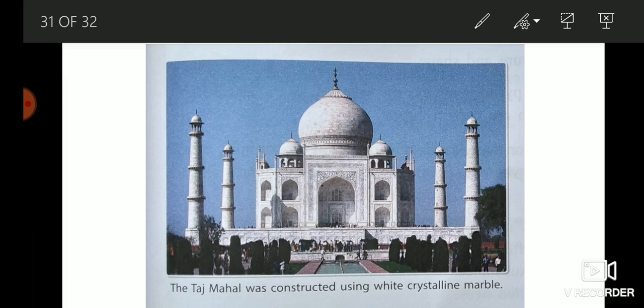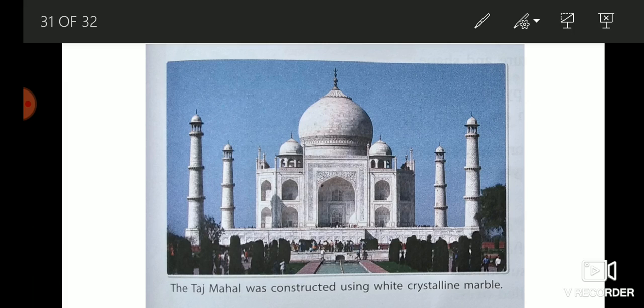It is a very beautiful, historical palace, and it is made of metamorphic rock.